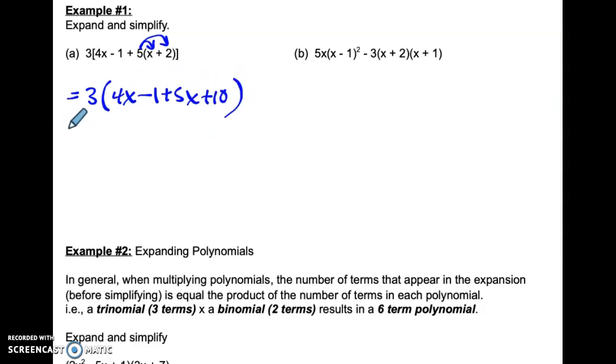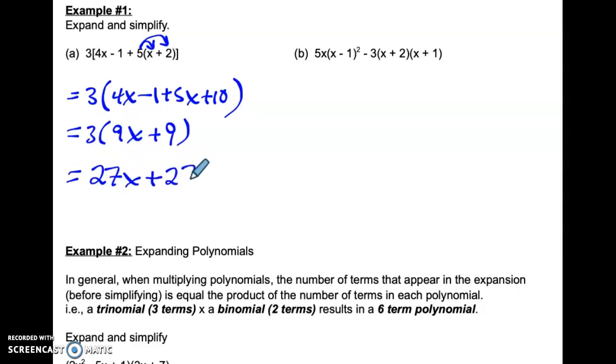Okay, and then simplifying within those brackets, we have a 9x and we have a 9. And then last but not least, we can multiply in that 3 to get 27x plus 27. And it wants it fully expanded and simplified, so that is it fully expanded. You don't want to refactor out that 27 because it is asking for it to be expanded.